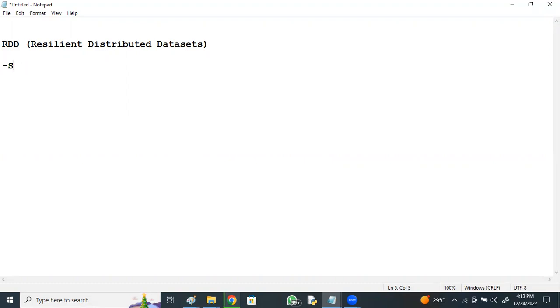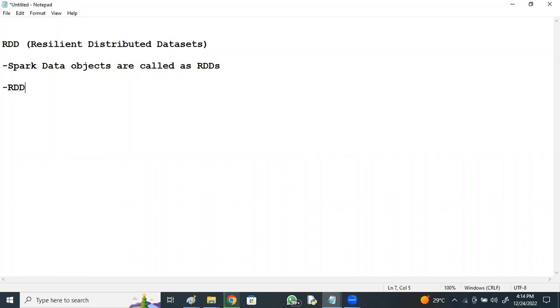What do we mean by resilient distributed datasets? Spark data objects are called RDDs. So we need to understand briefly about this RDD. Yes, Spark data objects we call RDDs.